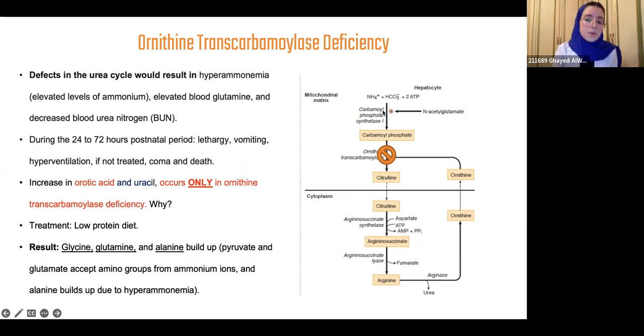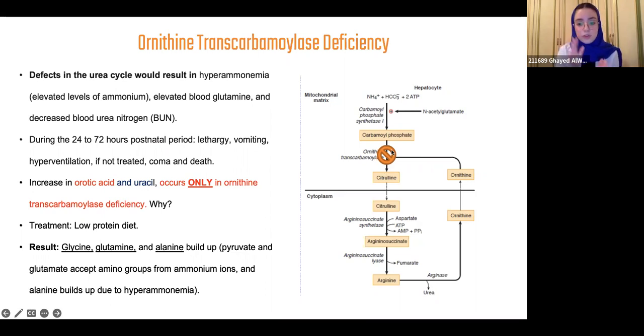So let's say we had a deficiency of carbamoyl phosphate synthetase 1. The reason we don't have orotic aciduria is because we can't make carbamoyl phosphate in the first place. Carbamoyl phosphate isn't being made, so it doesn't enter the pyrimidine pathway and you don't have any orotic acid. However, in an ornithine transcarbamylase deficiency, carbamoyl phosphate accumulates, enters the pyrimidine pathway, and you'll find elevated orotic acid in the person's urine.